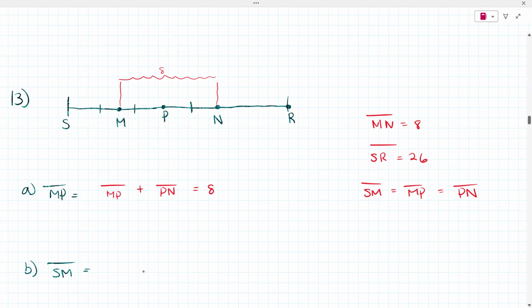And they also said that line segment MP is equal to line segment PN because you have these congruent signs. But I don't know what their length is. We'll call it X. So X plus X equals 8. Solve for X, so this would be 2X equals 8. Divide by 2, X equals 4. So MP is 4.